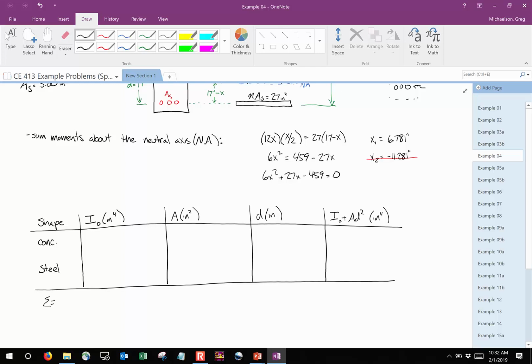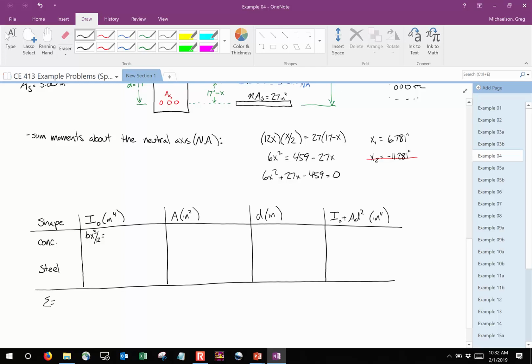Now, what's our x value? What was it, 6.78? Okay. So let's start off with the moment of inertia. What is the moment of inertia of that concrete block above the neutral axis? It's the width times the height cubed over 12, right? So that is b x cubed over 12. Would that be a fair statement?